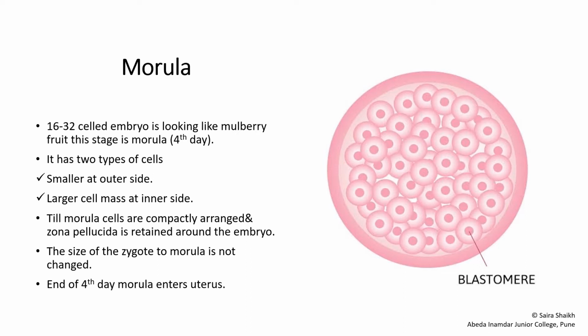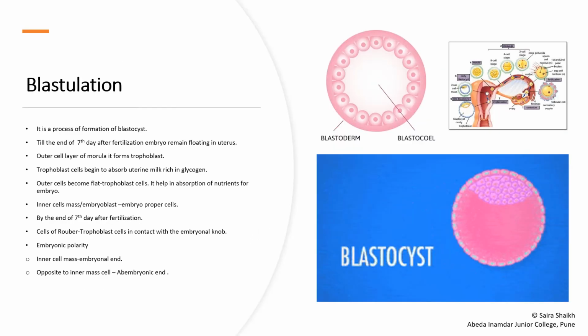At the end of the fourth day, the morula enters the uterus. It is pushed into the uterus and remains floating there. The outer cell layer of the morula forms the trophoblast layer.